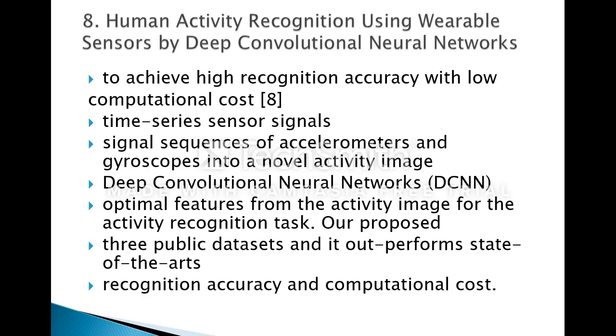Another research paper is about human activity recognition using wearable sensors by deep convolutional neural networks. They try to achieve high recognition accuracy with low computational cost. Again, the signals from gyroscopes were used, and DCN, deep convolutional neural networks, were used as a feature extractor. The HAR dataset has been explored by the authors for application in wearable devices.